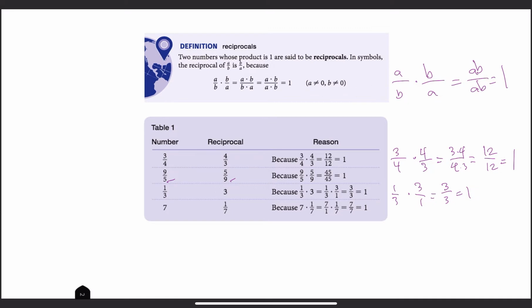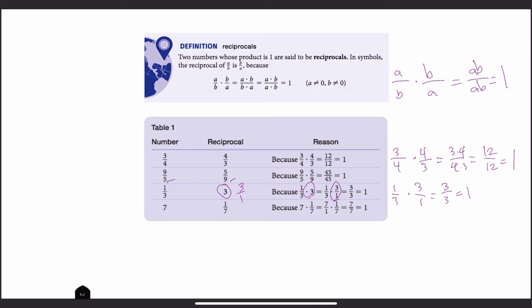But when I flip the 1 over 3, I can just write it as a 3. I don't need to write 3 over 1 if I'm just naming the reciprocal. Obviously, when I do the arithmetic, it's helpful to put the 3 over 1 so I know it's a numerator, but you'll see it in both ways.